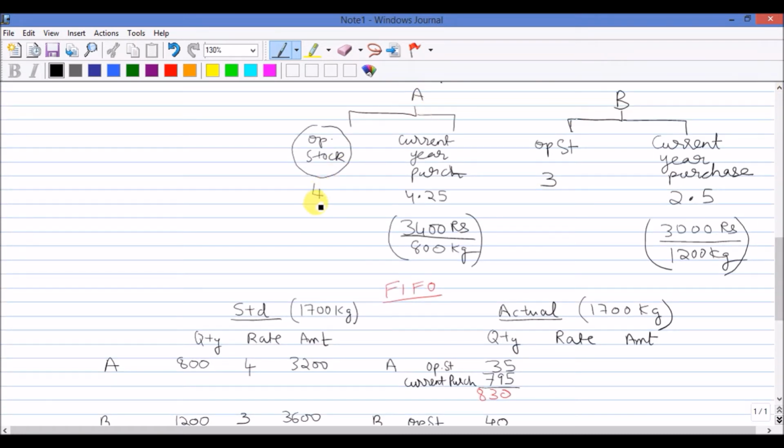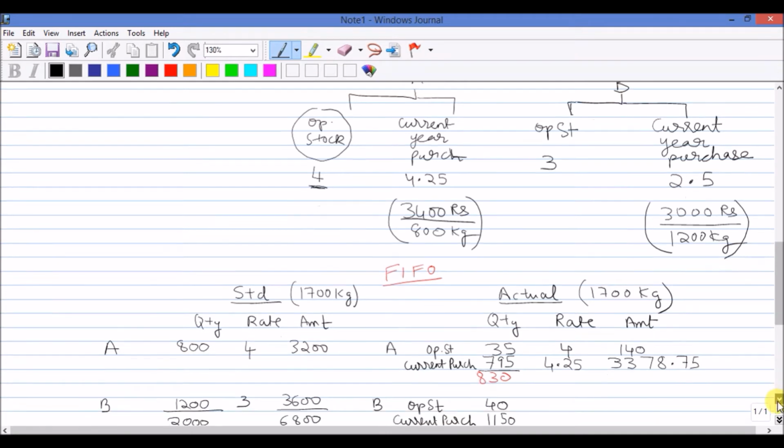Then we are ready with our price. The opening stock is valued at 4 and the current year purchase is valued at 4.25. So 35 into 4 is going to give me 140, and 795 into 4.25 is going to give me 3378.75.